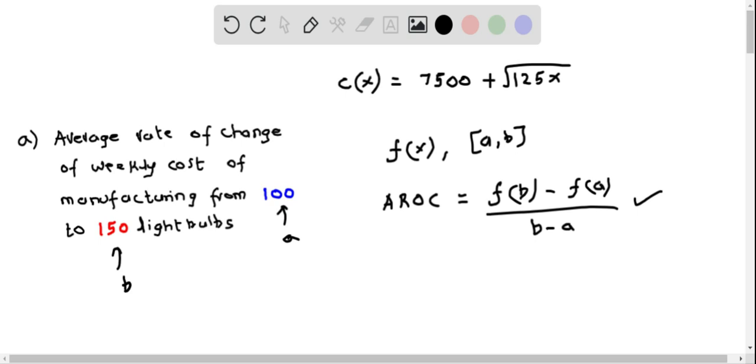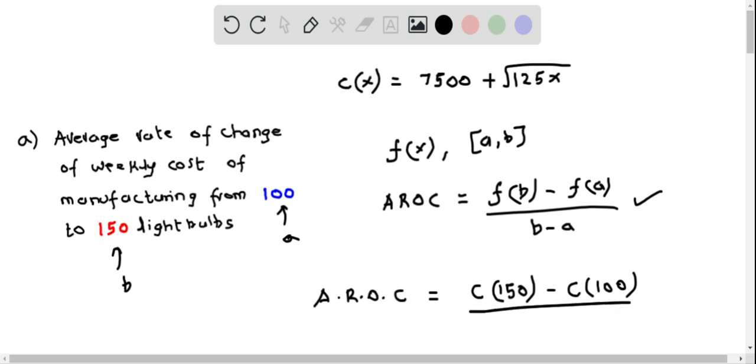So for the cost function, the average rate of change of weekly cost, I write down as AROC, and this equals C of 150 minus C of 100, divided by 150 minus 100.